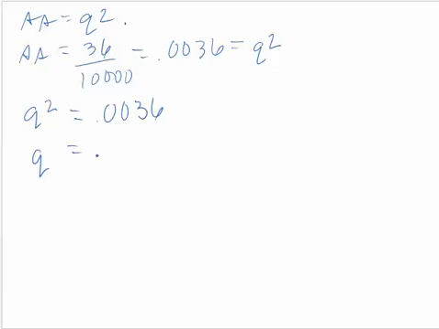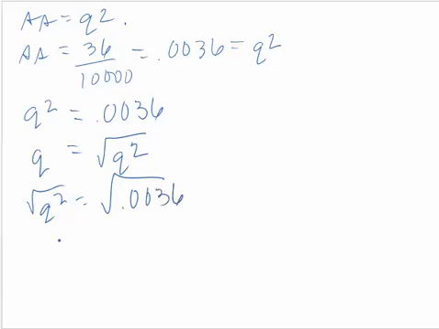If you take the square root of Q squared, that tells you what Q is. The square root of 0.0036, Q is going to equal 0.06.